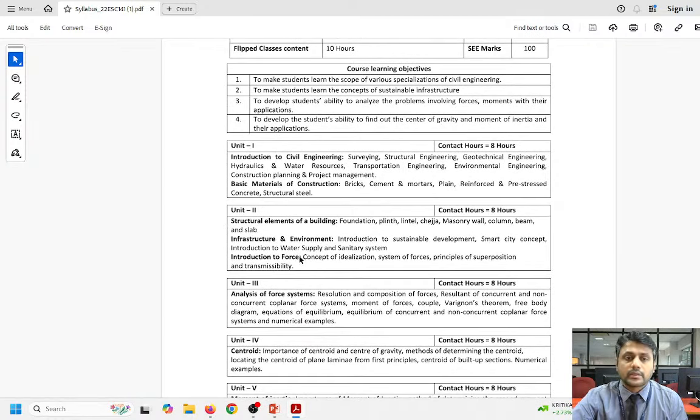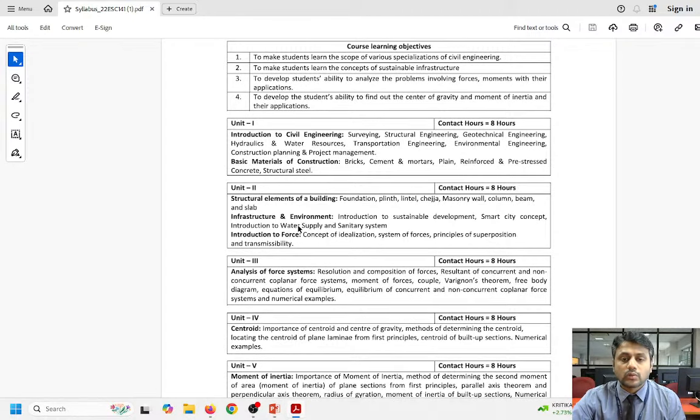the detailed syllabus. As I said in the beginning, you'll be learning about different streams of civil engineering. Unit 1 and Unit 2 will include all the topics related to these, where you'll be introduced to what civil engineering is, what the different domains of civil engineering are, and what the basic materials of construction are. You'll also be introduced to the structural elements of a building, like beams, columns, foundations, all of these.